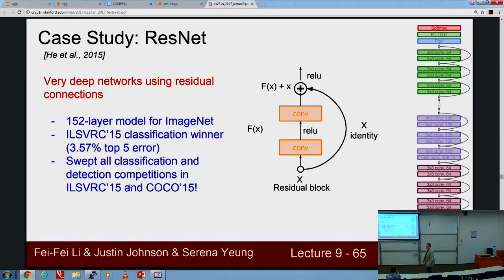Now that's nice, but why should that matter? Well, it matters because, when you think about gradients and the difficulty of passing gradients back, this line has a very nice property. The gradients flow back untouched through this line.